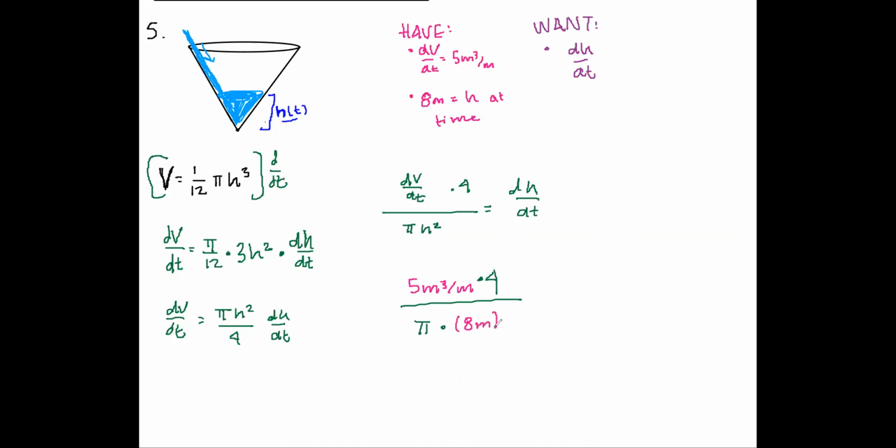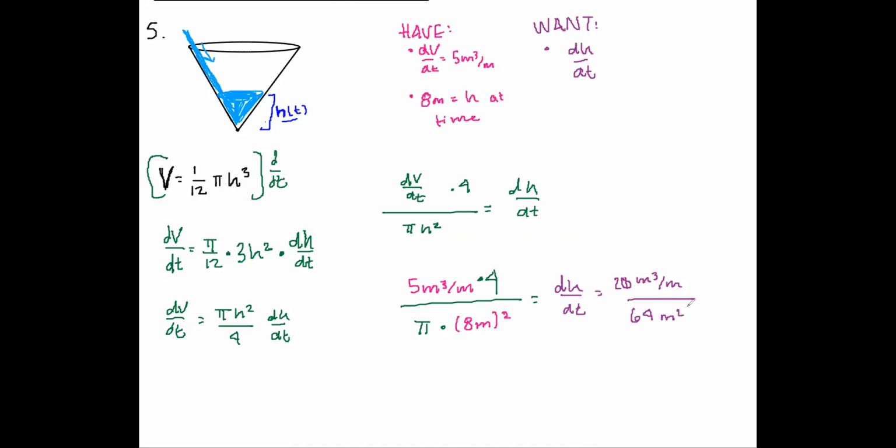And I guess now we can sub in 8 for h. Okay, so that's squared. And so now it's just arithmetic, right? So 20. Oh, it's 20, not 9. 8 squared.